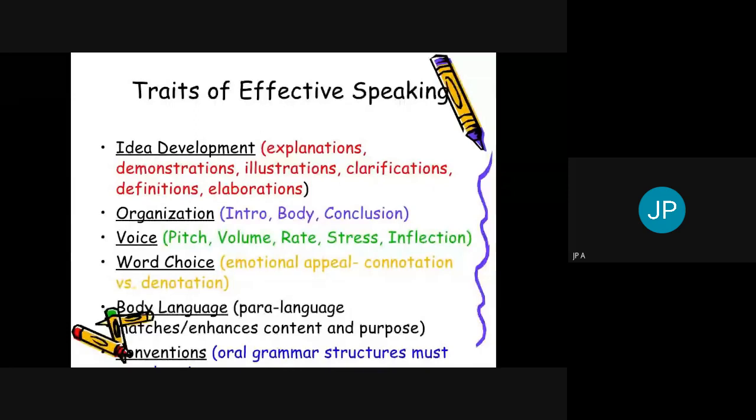They say that only 13% is words, and 87% is non-verbal.